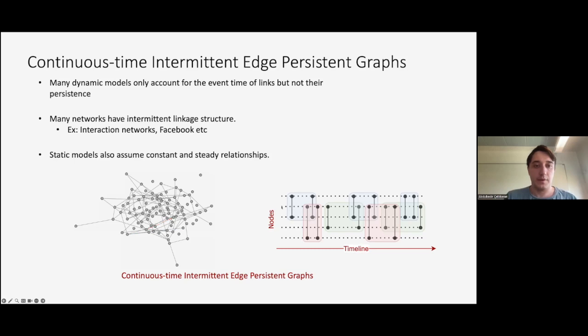For instance, if we consider this pair, initially they don't have any link, then during this period they have some interactions, later they don't have any edge, then later we have an edge again, and then there's no edge again. We call these networks continuous time intermediate edge persistence graphs. And for this model, we aim to learn node embeddings for these networks.